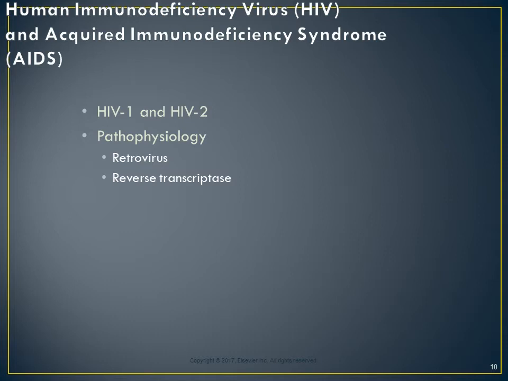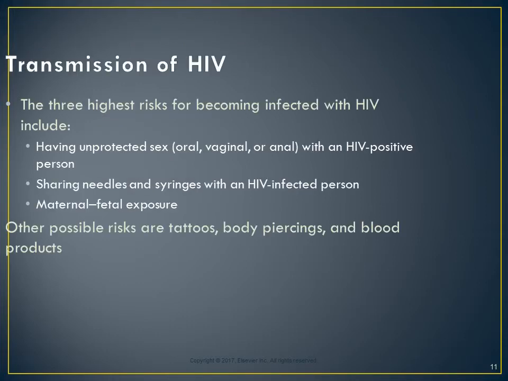The pathophysiology has to do with the retrovirus and the reverse transcriptase putting genetic material on the DNA of the host cell. There are three things to look at in your textbook regarding this: figure 11.1 on page 221, table 11.2 on page 222, and box 11.4 on page 222.